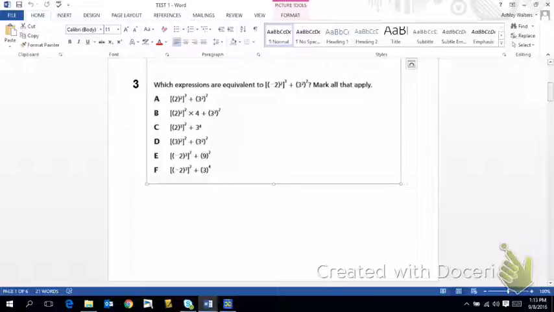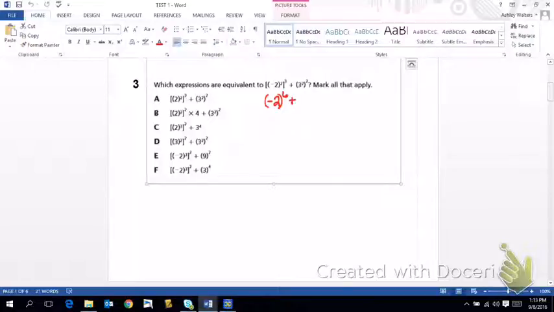As we go through number 3, we should start by simplifying the exponential expression here. And we start by doing that by using the product rule, in which we multiply the exponents. So that's going to leave us with negative 2 to the 2 times 3, or 6th power, and our base is negative.